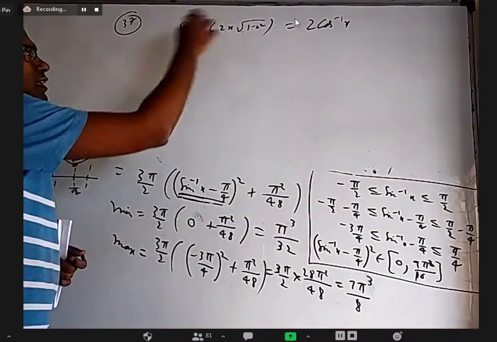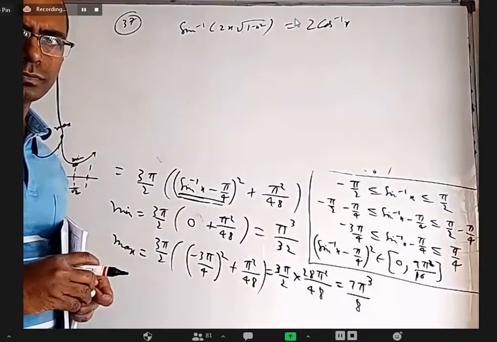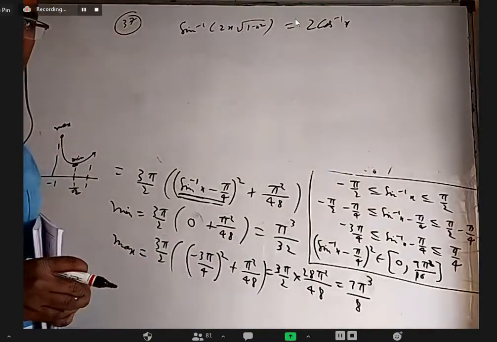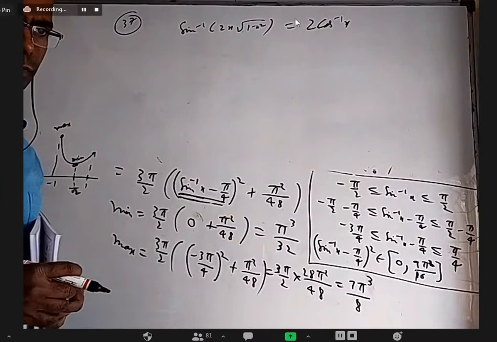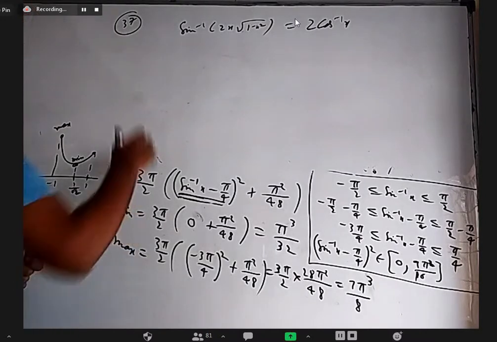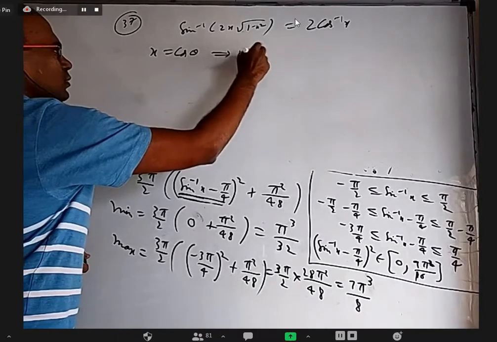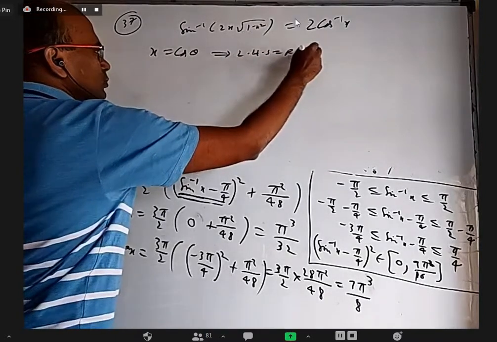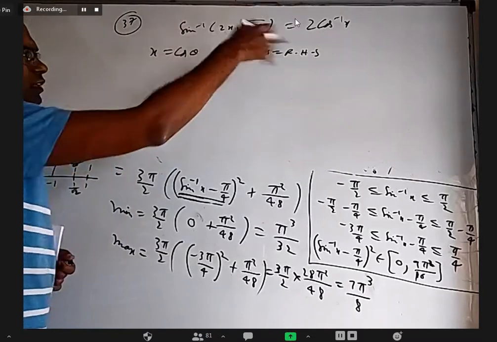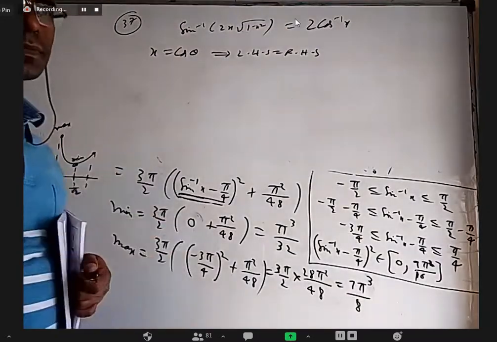Okay, LHS, what is the range? Minus pi by 2 to pi by 2. Yeah. First of all, if you take x equal to cos theta, you will get LHS equal to RHS, no doubt. Because this is 2 theta, this is sin inverse sin theta, that is also 2 theta. But everything is valid only when 2 theta is within the principal values of sine.